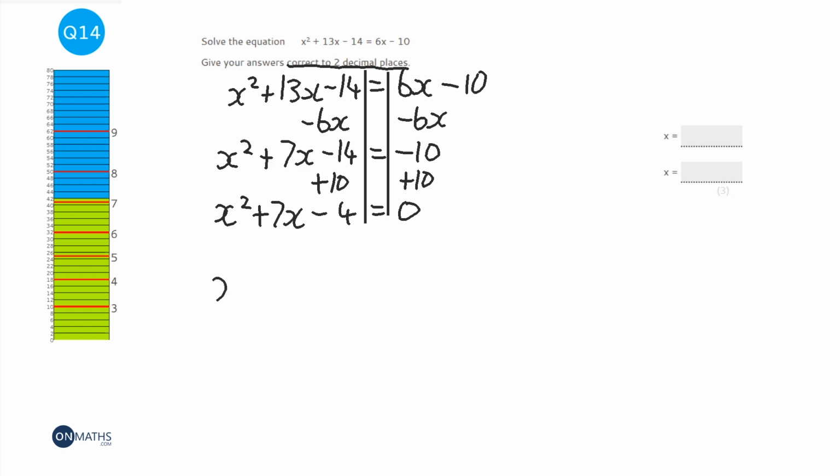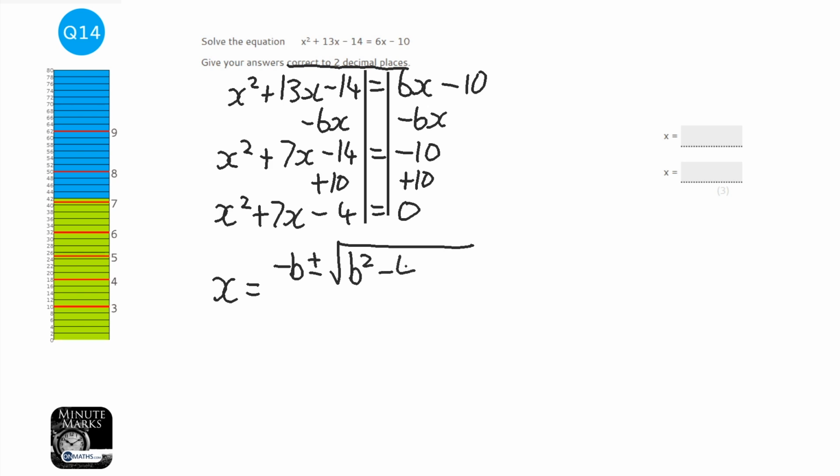So the quadratic formula says x equals minus b plus or minus the square root of b squared minus 4ac, over 2a. Now you might say to yourself, well, what are a, b and c? Hopefully you don't, because if you're doing this question I would assume you do know.